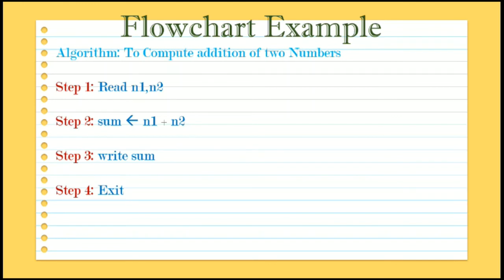Now we have the algorithm to compute the addition of two numbers. So we will convert this algorithm into flowchart. So while creating any flowchart, the first step will be start.